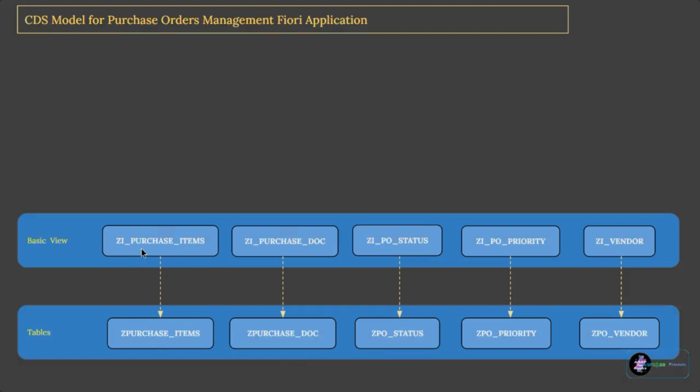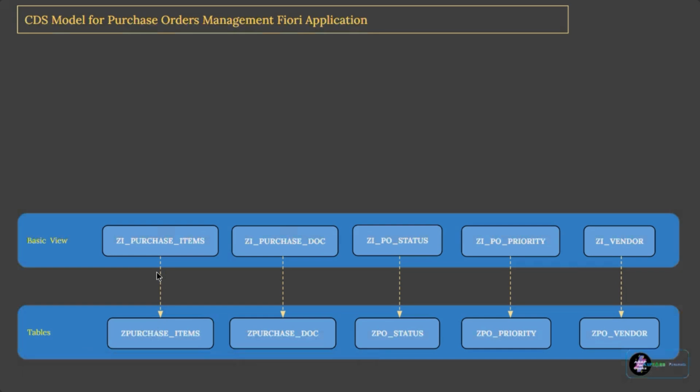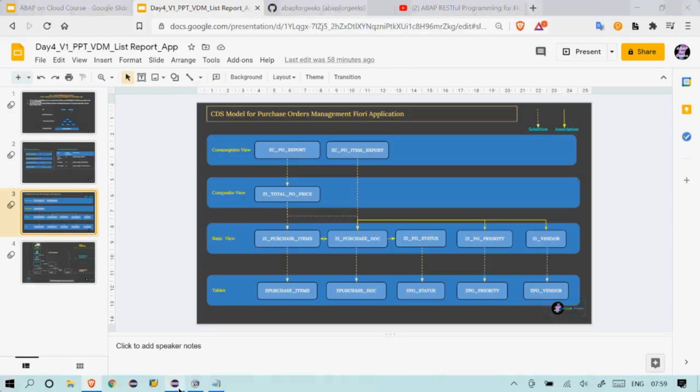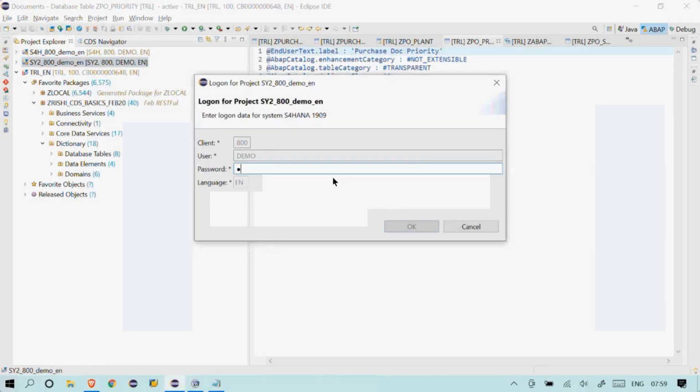So we further try to provide more information about this table, because when you look at a table, most of the details will be technical with data elements, with fields which will not be able to understand, like VBELN, something like that, right? So it is better to give more information, like VBELN, give an alias name as a sales document number. Let me open a specific view here.